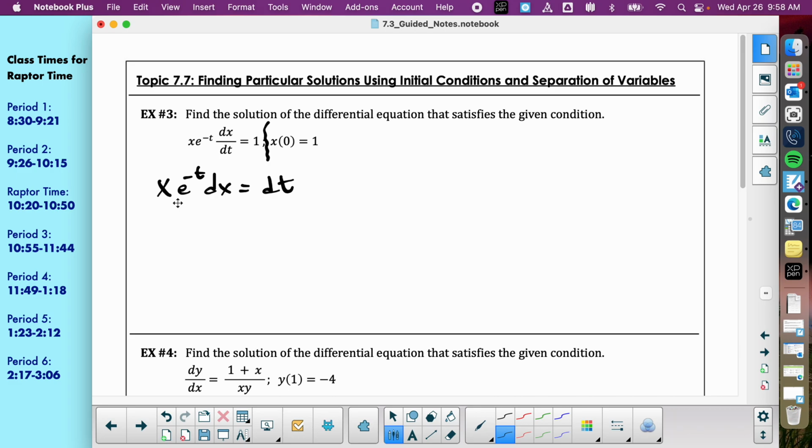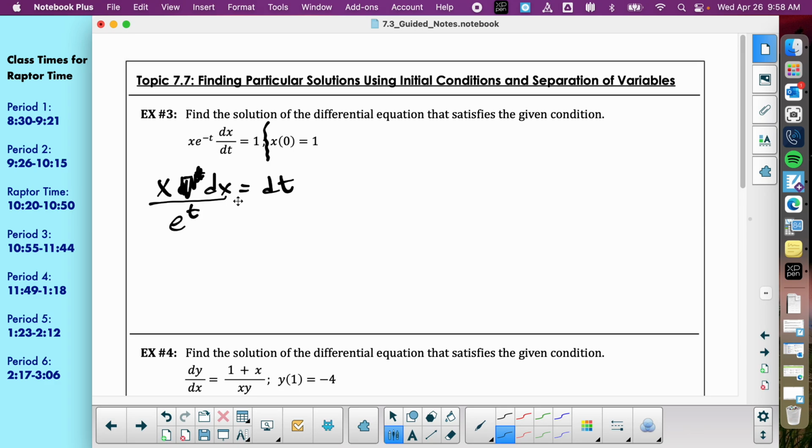I obviously need e to the negative t on the other side. There's multiple ways we can do this. I'm trying to think what you guys would have been shown in pre-calc. We could divide by e to the negative t. What does the negative power represent in the first place anyway? So we can multiply by e to the t. We could have written it like this from the start, and then we would multiply both sides by e to the t.